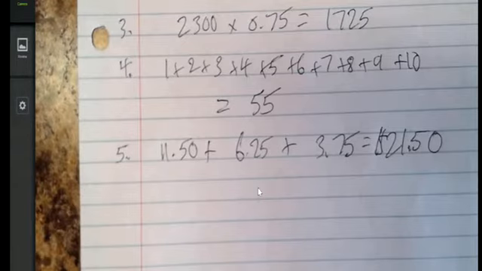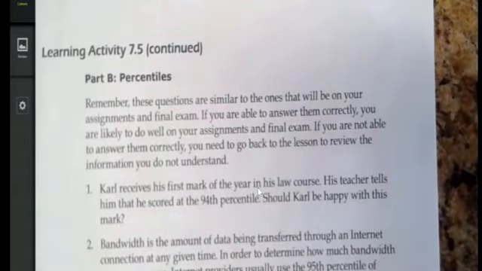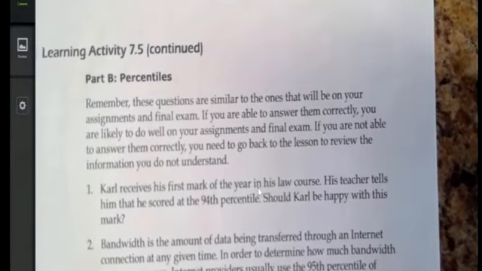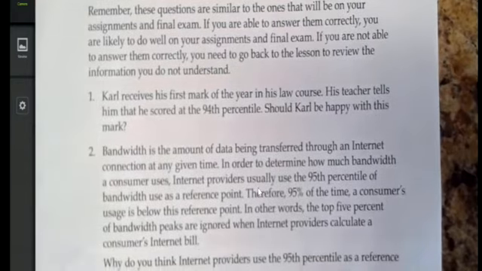We're going to look at a couple of percentile examples before we get to talking about the last hand in assignment. Go to page 77. We'll do 1 and 3 on page 77. Carl receives his first mark of the year in his law course.